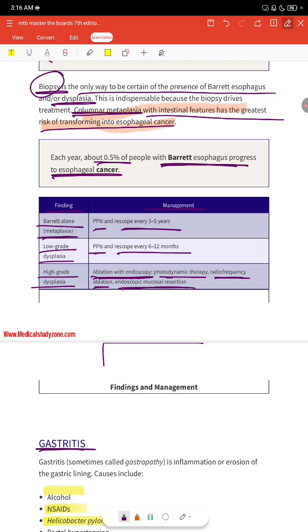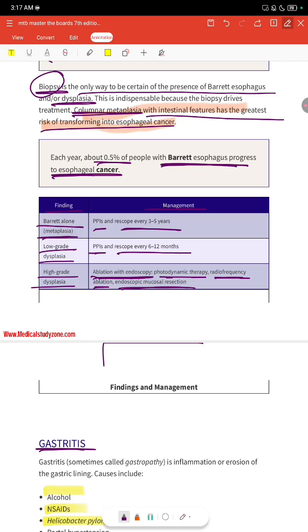If the finding shows that there is Barrett alone, only metaplasia, you go for PPIs and rescope in 3 to 5 years. If it is low grade dysplasia, then PPIs and rescope every 6 to 12 months. If there is high grade dysplasia, you go for ablation with the endoscopy.